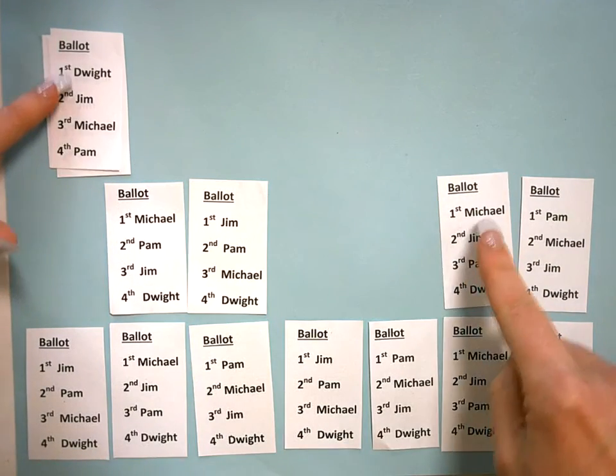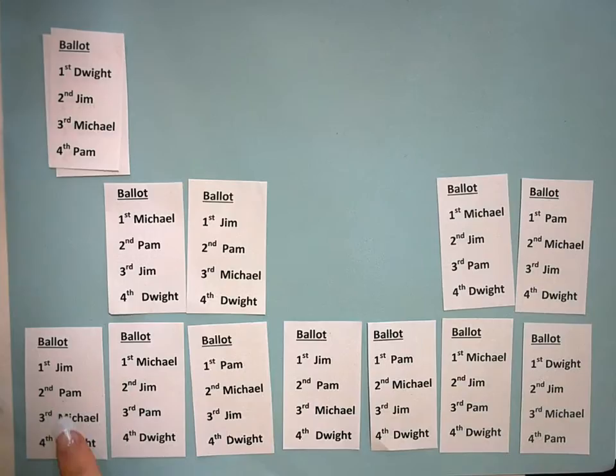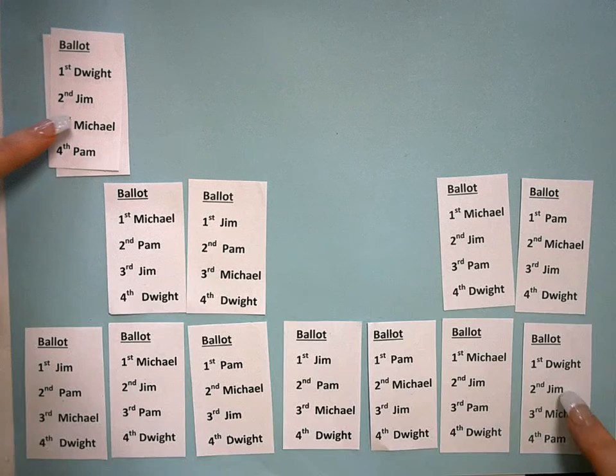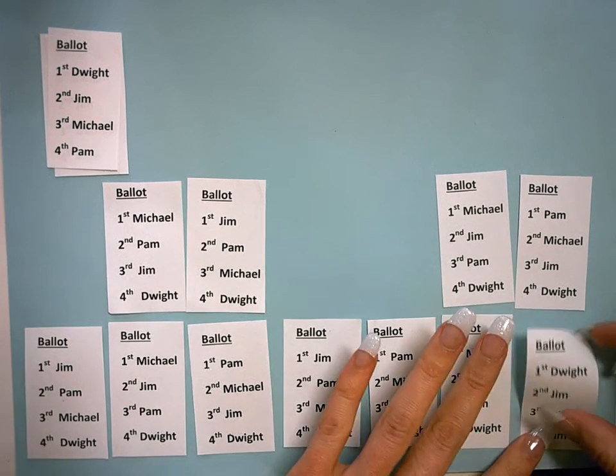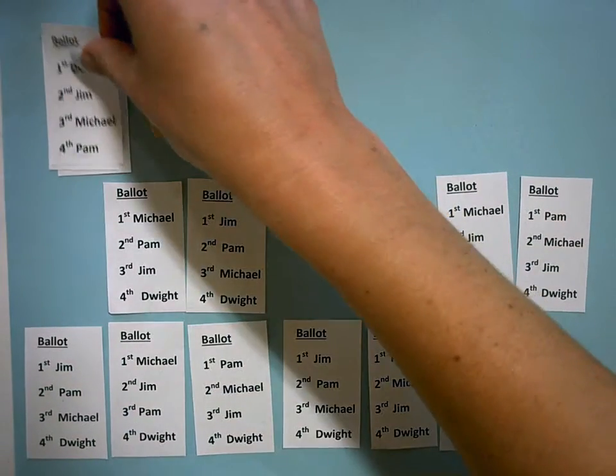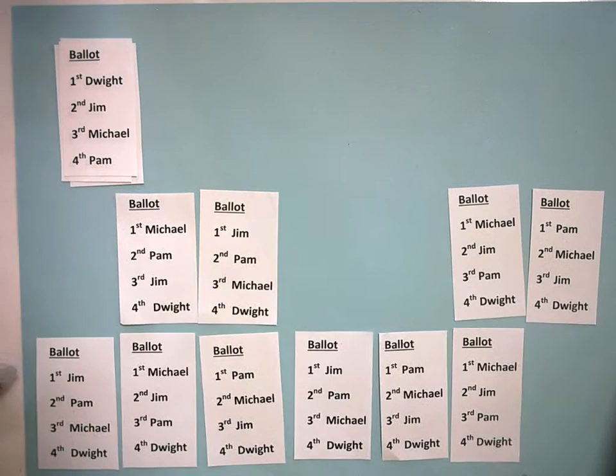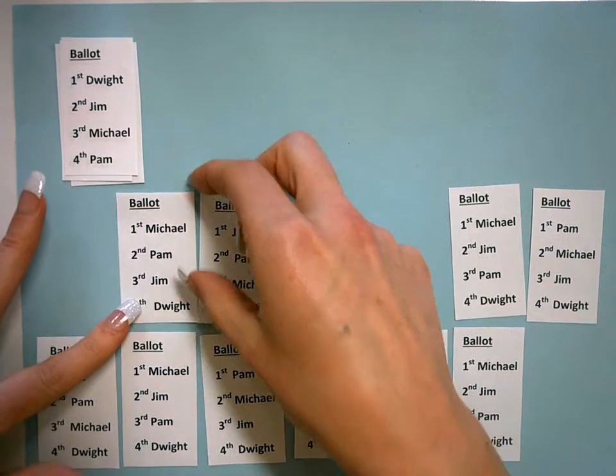So I'm just going to keep going. This is Michael, Pam. We have a Jim, Michael, Pam, Jim, Pam, Michael, and Dwight. Here's another one. Dwight, Jim, Michael, Pam. Yes, that's exactly the same. So that can go into this group. At this point, there's no other ballots that are exactly the same as this, so I'm just going to move on to a different type of ballot.